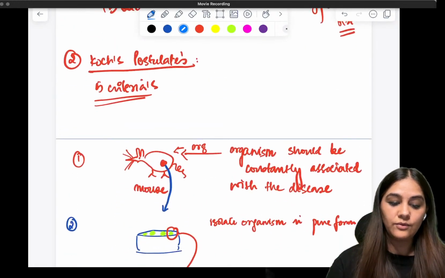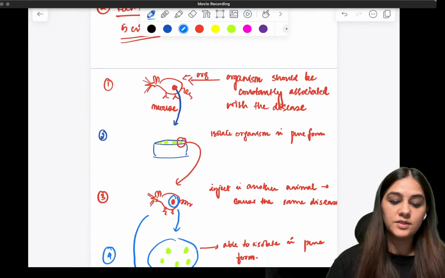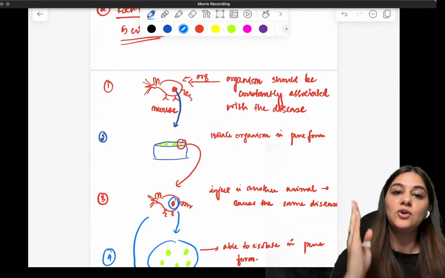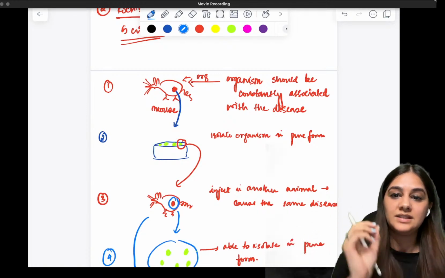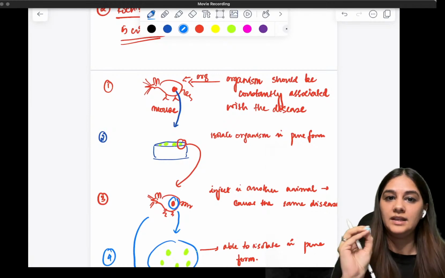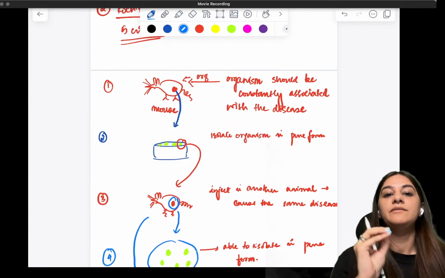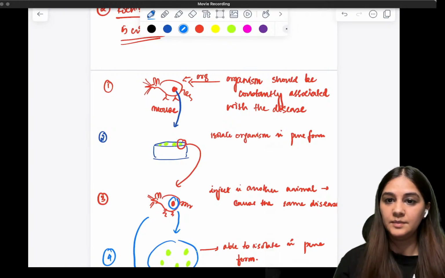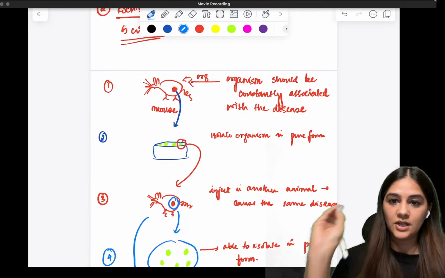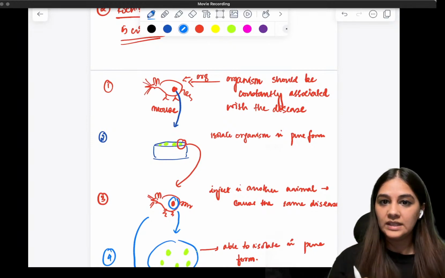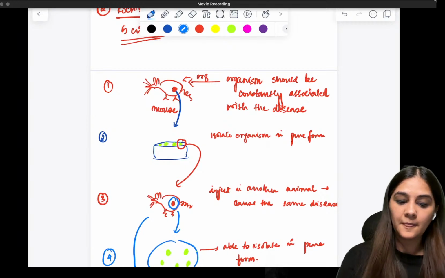So again, we're going to revise the Koch's postulates. What are the Koch's postulates? First, an organism should be constantly associated with the disease when infecting an animal or a human or any person, right? If it's producing a lesion, I'm taking a sample from this person and putting it on a culture plate. It should grow. This organism should be isolated in pure form, right?